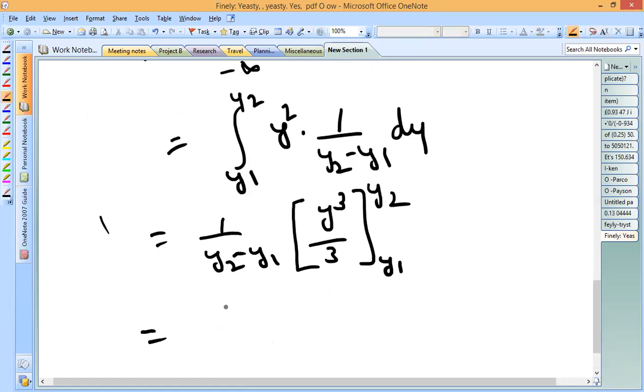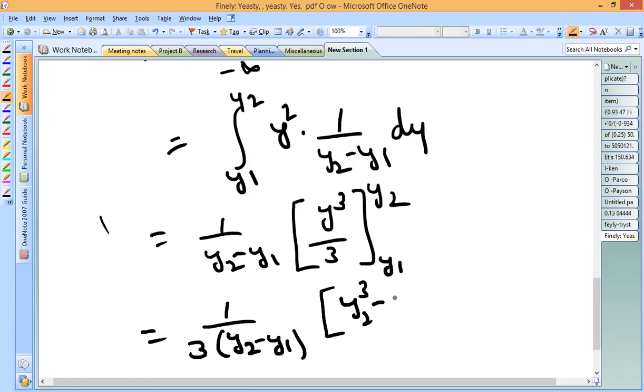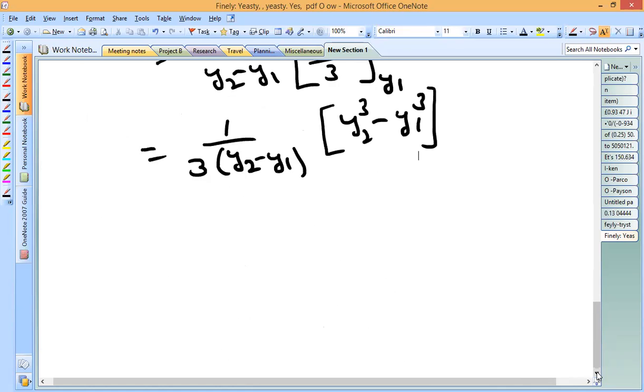This is equal to 1 by 3. 3 I will take it outside as it is a constant, into y2 cube minus y1 cube. So now here you need to apply a cube minus b cube formula. It has to be expressed in terms of the factorization.